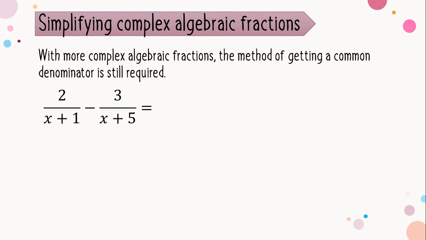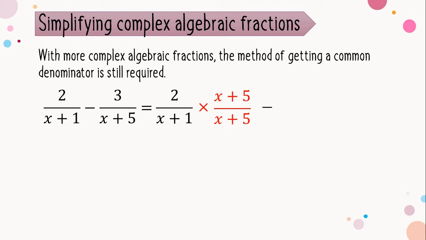So in this part, for 2 over x plus 1, we will multiply the denominator by x plus 5 to make the same denominator. But if the denominator is multiplied by x plus 5, the numerator also must be multiplied by x plus 5. If I write it like this, x plus 5 over x plus 5 is equal to 1, so it will not impact the value.